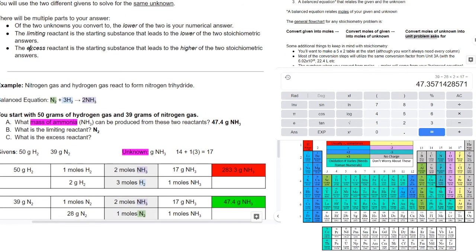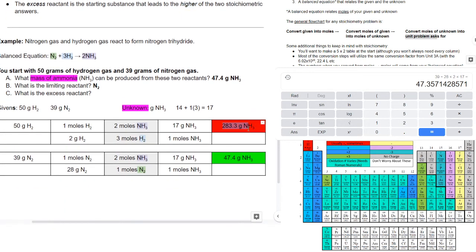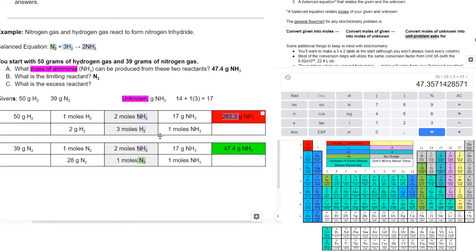As opposed to the excess reactant, which is again a starting substance, but it leads to the higher of our 2 stoichiometric answers. So 283.3 was our higher one. We look at the start of that, and it was hydrogen that led us there. And so that is solving a limiting reactant problem.